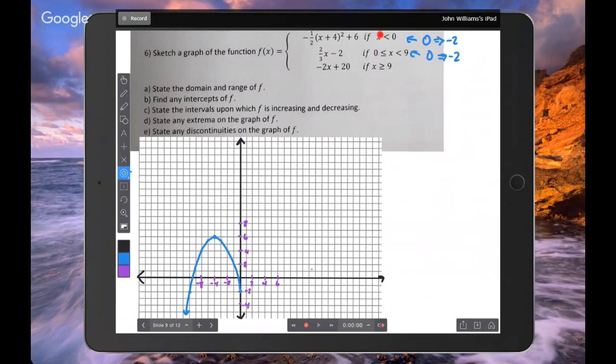If these two were discontinuous, I would use an open circle at this point, if the rest of the function started off over here. But because the function continues here, I don't want an open circle.